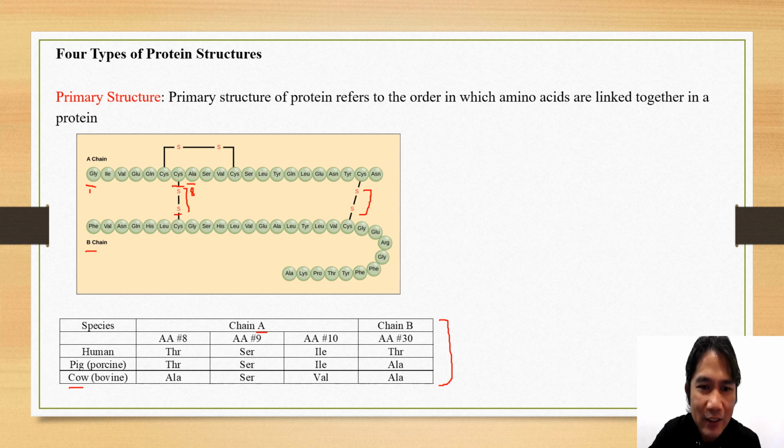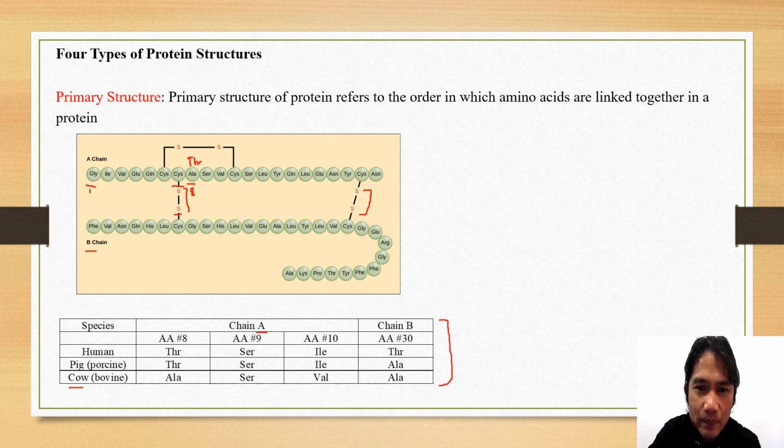However, in pig and in human, this alanine is replaced by threonine. So the amino acids before the 8th amino acid, human, pig, and cow share the same sequence. Of course, my insulin and your insulin, we expect that we have the same sequence of amino acids.